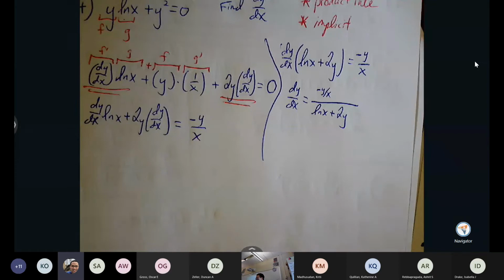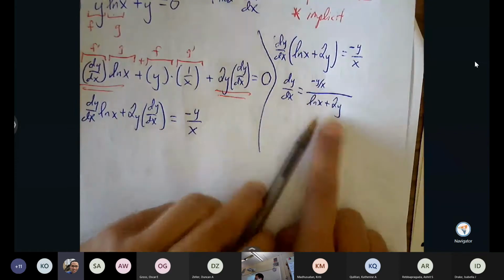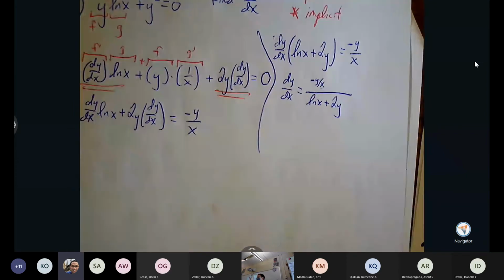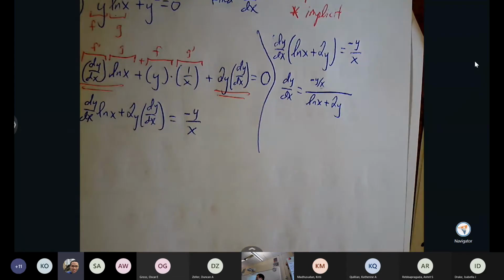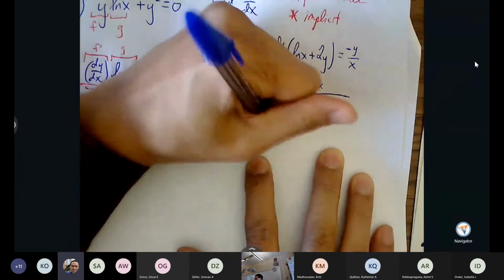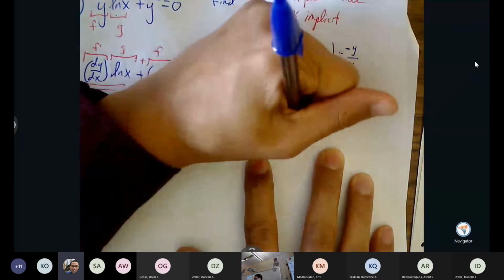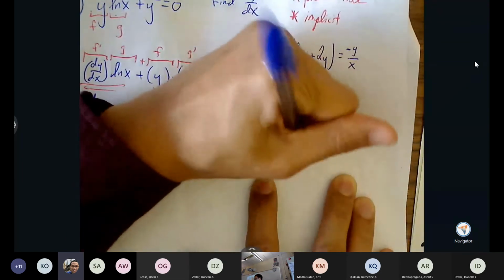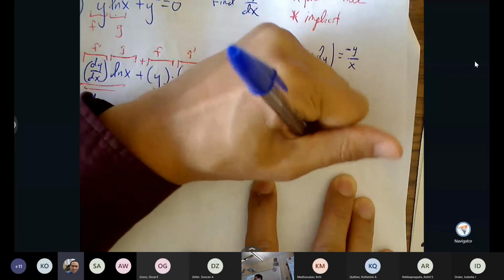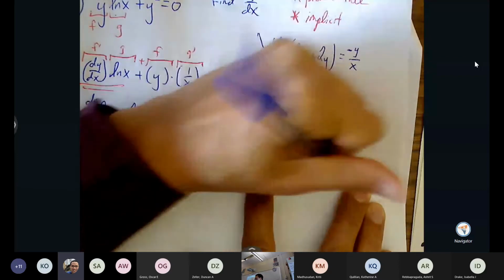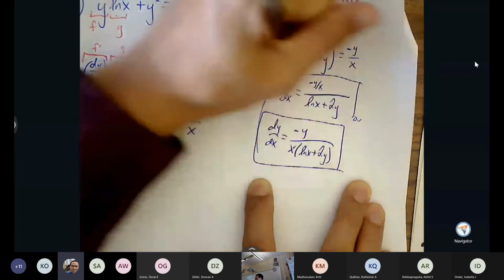Either leave it like that, or I recognize that this x and this natural log of x plus 2y are both kind of in their own separate denominator space. So I make both of them share the same denominator space. Okay, either is fine.